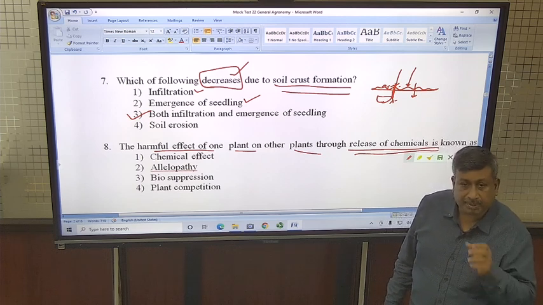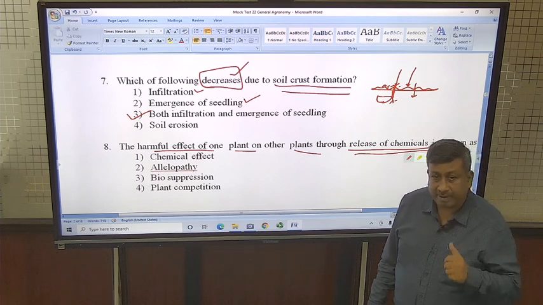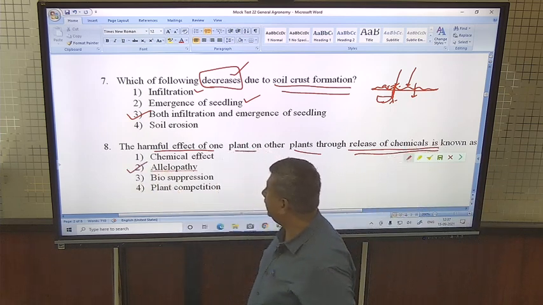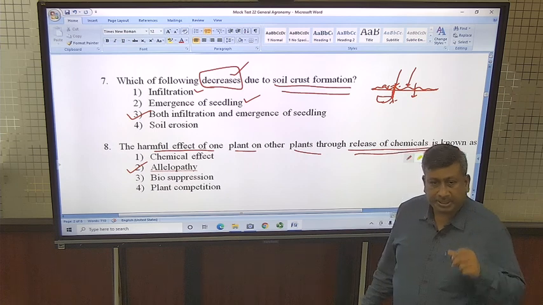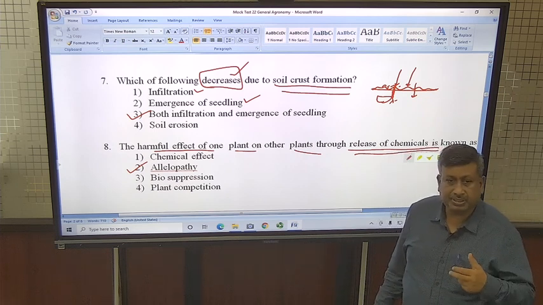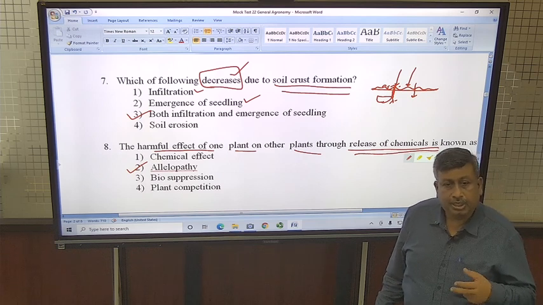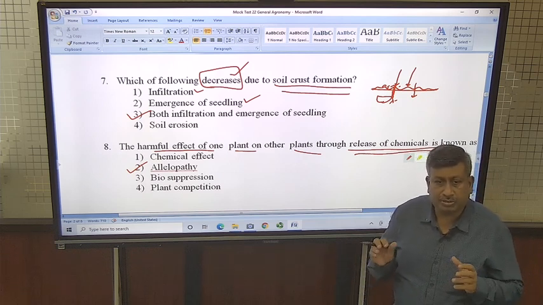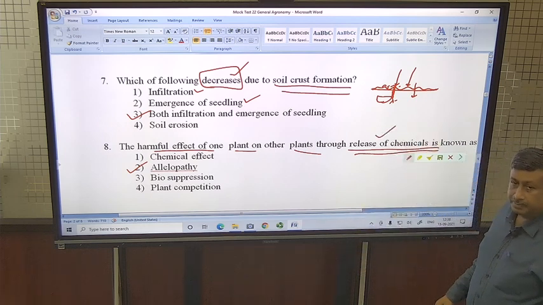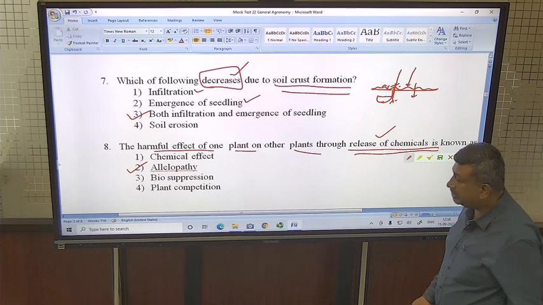There may be competition, but here there is a release of chemicals. Such a phenomenon is called allelopathy. By competition, a plant reduces the growth of another plant through competition for space, light and nutrients, and such a phenomenon is known as competition. But here there is a release of chemicals, so it is known as allelopathy. Allelo means chemical.